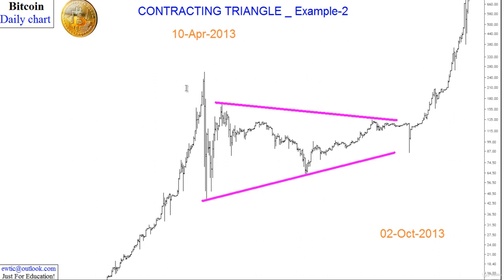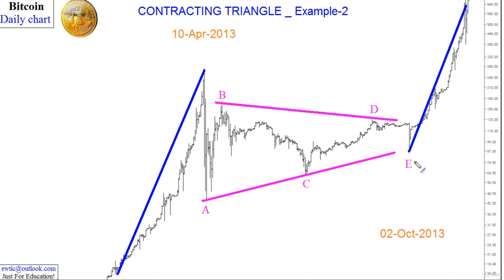This was the consolidation, and after this pattern finished, we saw another round of bullish price action in the price of Bitcoin. So let's label these. So this is the wave labeling of a contracting triangle. This was an uptrend, then we got this triangle, and then after the completion of the triangle, the uptrend resumed.